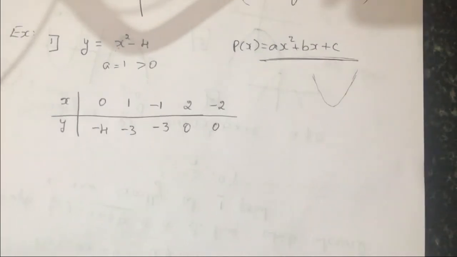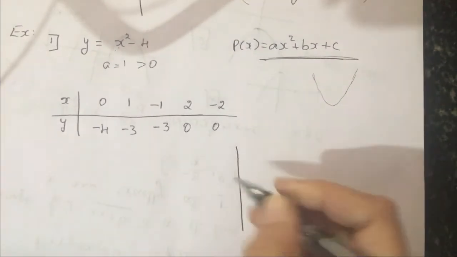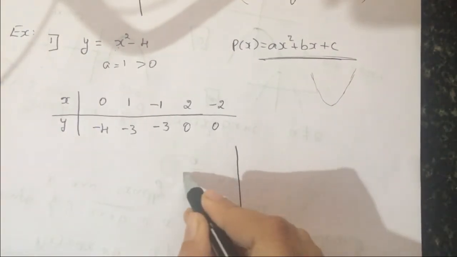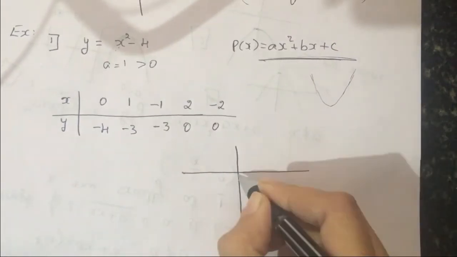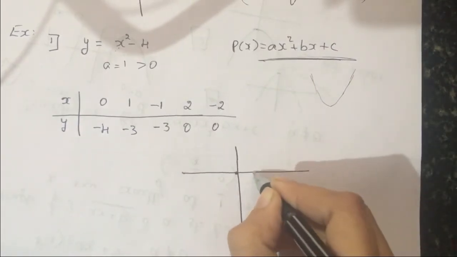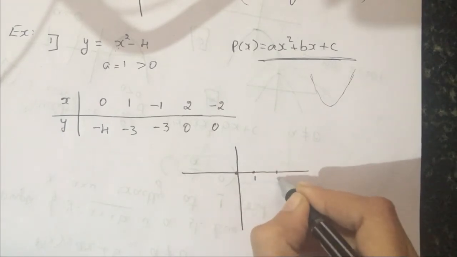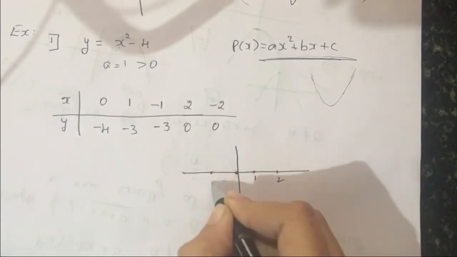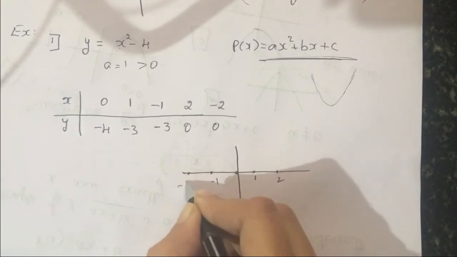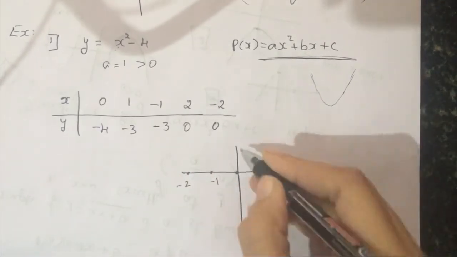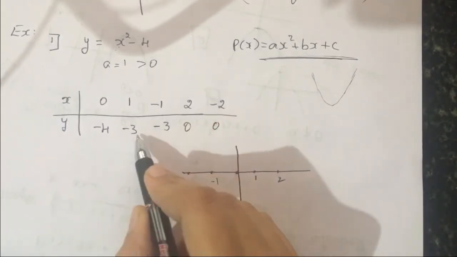Now let us go for drawing. Zero, 1, 2, minus 1, minus 2. And I want minus 4, minus 3.